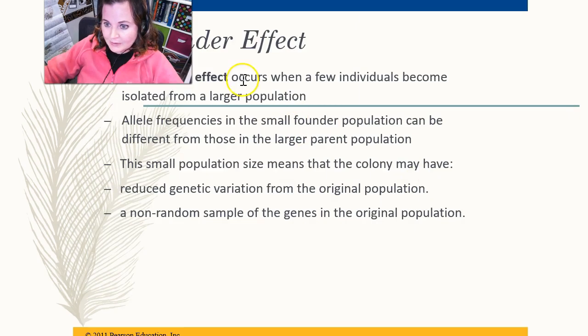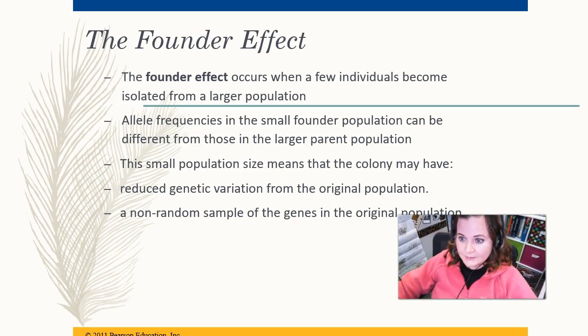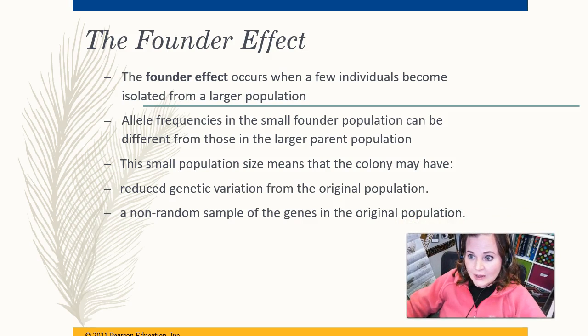For example, there's one called the founder effect, where in this case we have a small population that has been isolated from a larger population. And because the population is small, you've reduced the genetic variation in that population. There's just fewer different types of organisms that were there before.